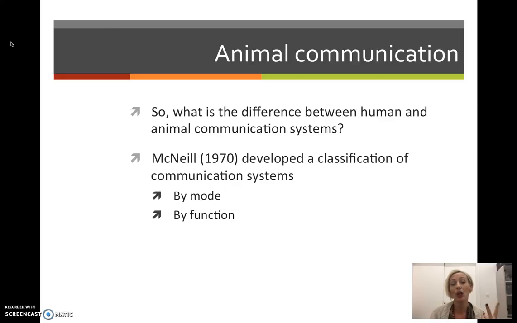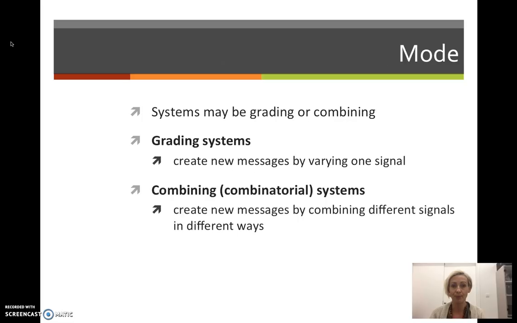And second of all, by function, meaning what function those signals perform. And when you think about mode, or how signals are organized, according to McNeil, systems can be grading or combining.